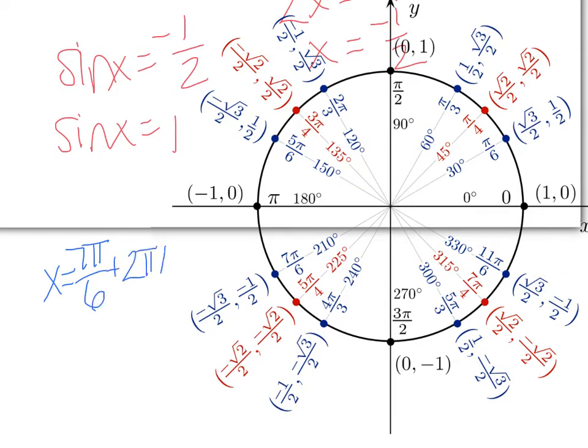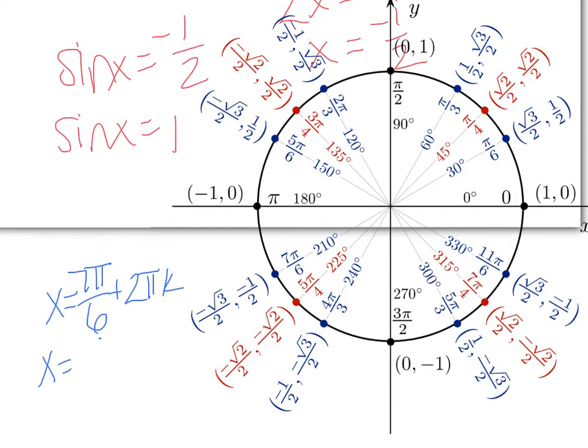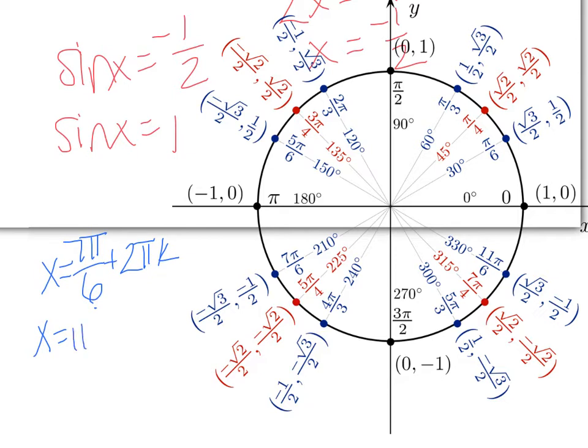Still got to tack on that plus 2 pi k. X equals, that was supposed to be an 11, pi over 6 plus 2 pi k.